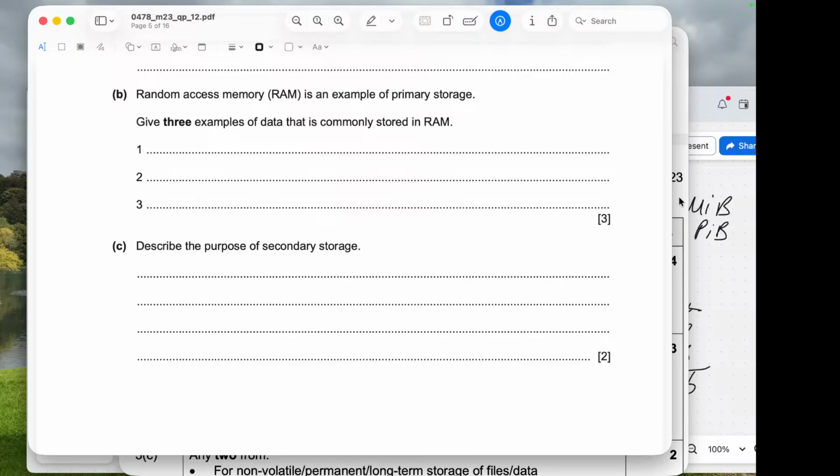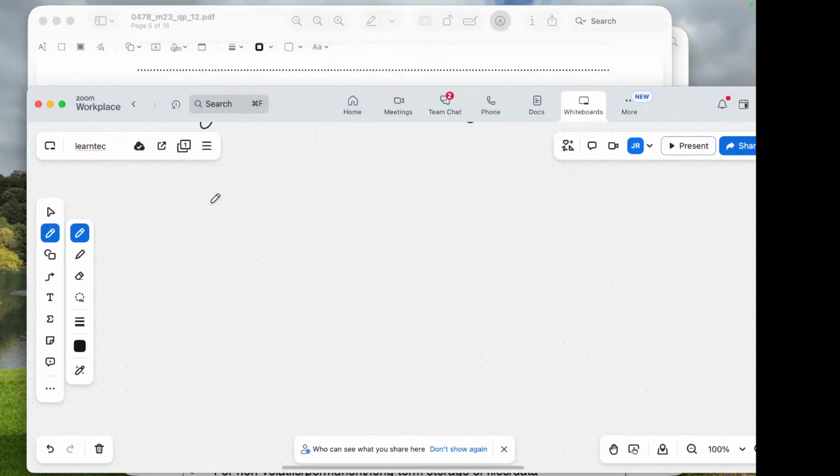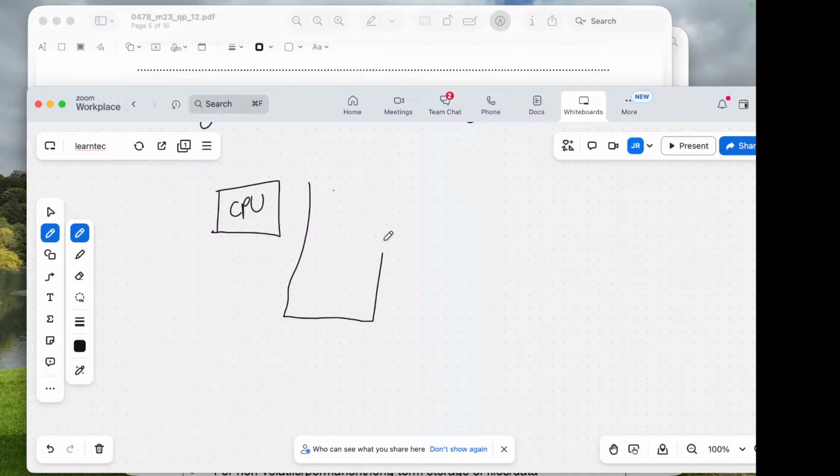So let's think about what RAM is. Remember that RAM is part of the main mechanism of a computer. We've got a CPU, which is our main chip. We've got RAM, which physically will sit very close to the CPU because they talk a lot. And the RAM sends data and instructions to the CPU.